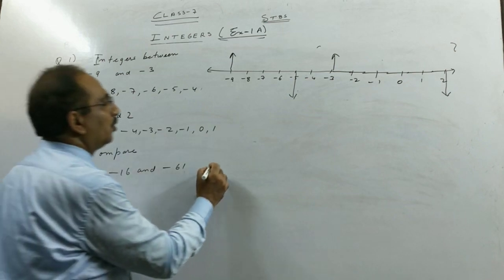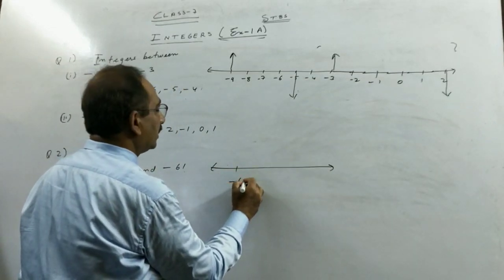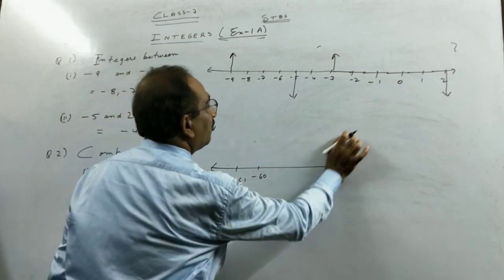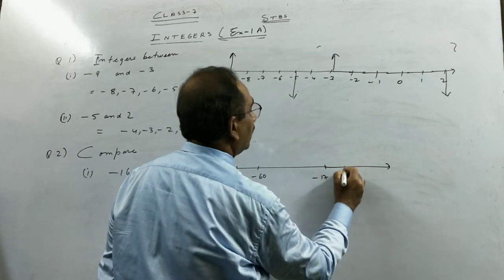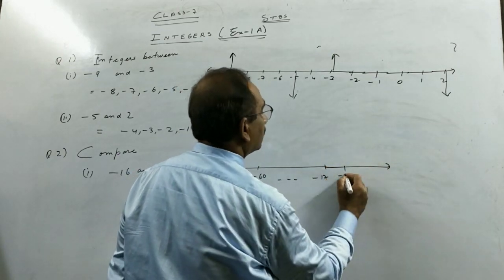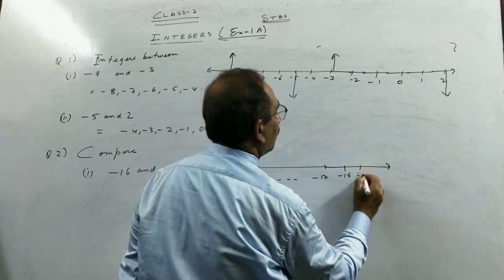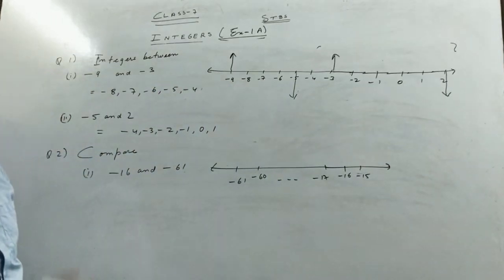If you draw a number line, minus 61 will be here, then minus 60, and finally somewhere here minus 17, minus 16, minus 15, and it will go towards the positive side after 0.